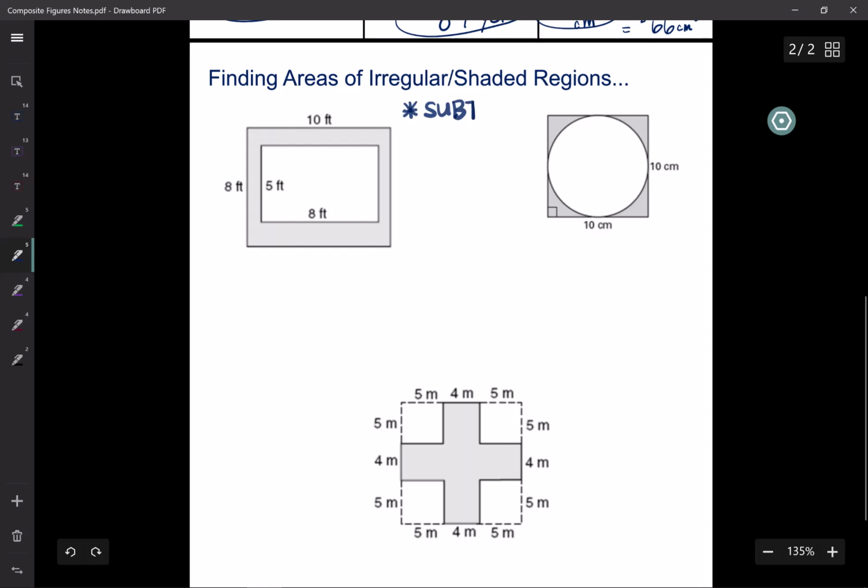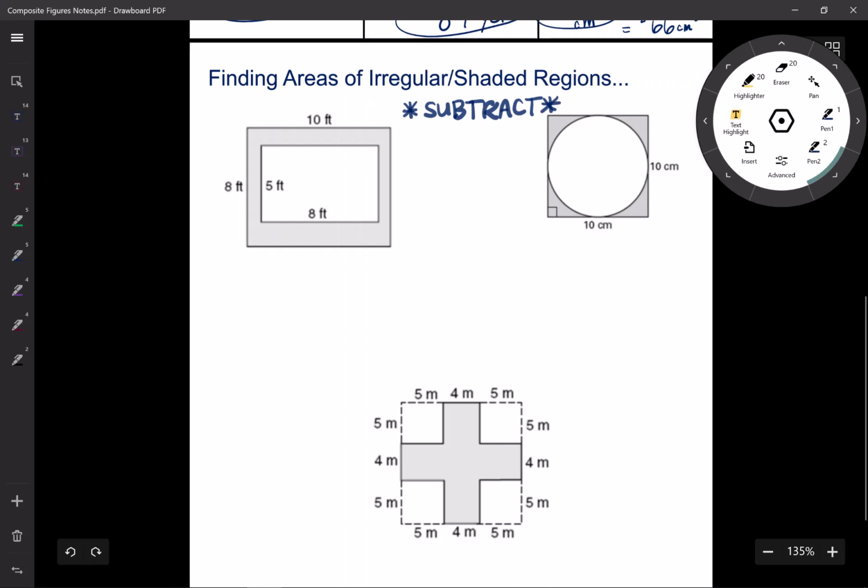So you want to subtract, and more specifically, we want to subtract non-shaded areas. Okay. And it's far more straightforward than you would think.